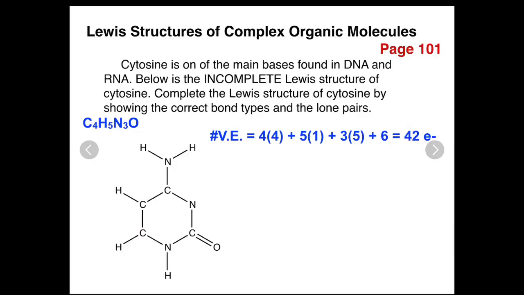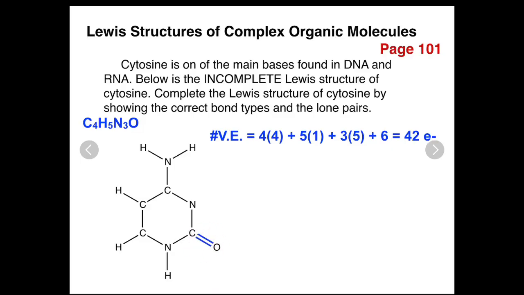We're going to count the number of sharing electrons by counting the bonds that already exist on this structure. If I do that, 1, 2, double bond. Each of these bonds contains 2 electrons. Since you have a double bond, the total would be 4. So a double bond contains 4 sharing electrons.